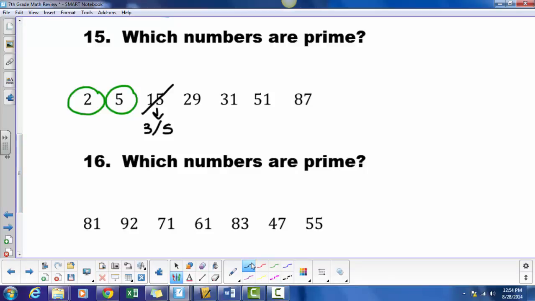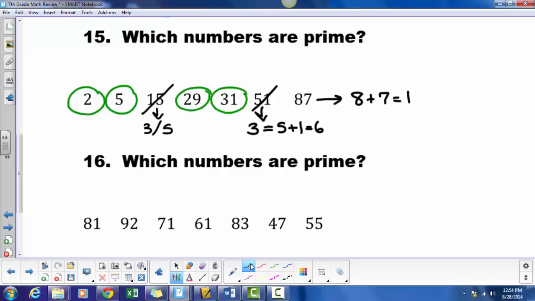I know 15 is divisible by 3 and 5, so that's not prime. 29 has no other factors but 1 and 29. 31 has no other factors but 1 and 31. 51 is divisible by 3 because 5 plus 1 is 6. So that's divisible by 3. Let's look at 87. That's 8 plus 7 equals 15. That is also divisible by 3, so it's not prime.